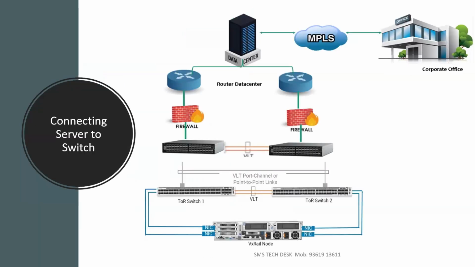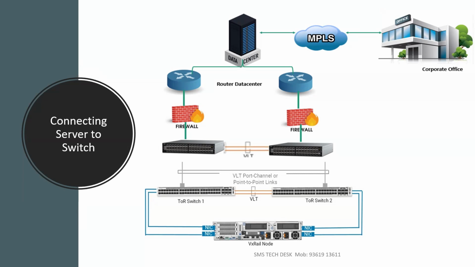Now below that, we'll be placing our servers, our VxRail node or any rack server. This is how a normal data center will look. I'm not saying that all data centers will be built on this model. This is a basic example of how they will build a data center, and finally they will place the servers in the rack.